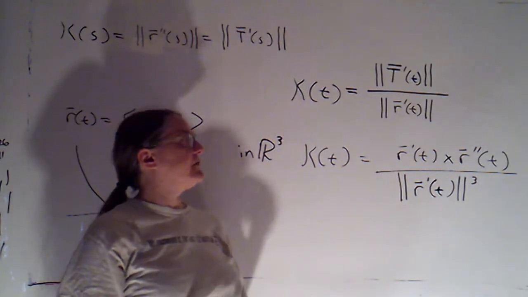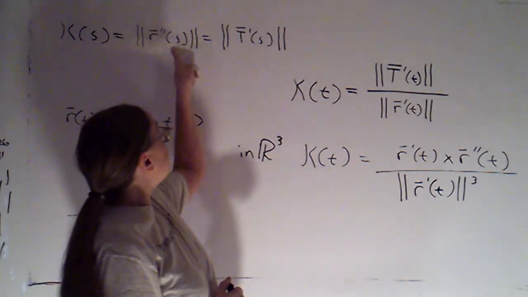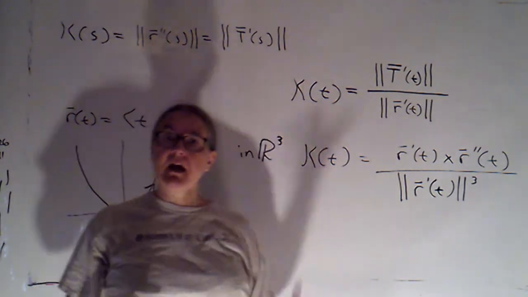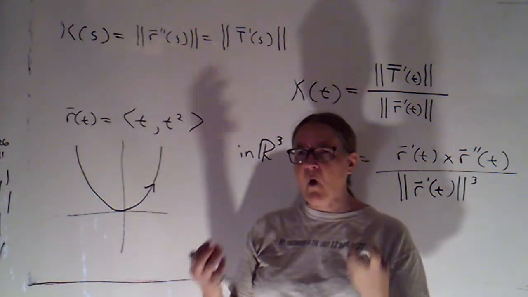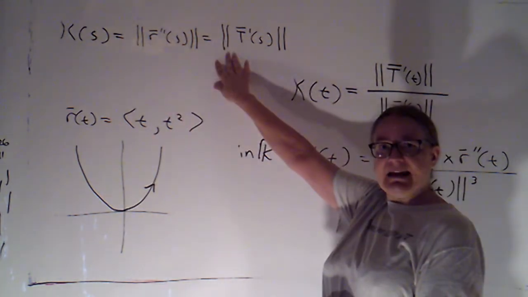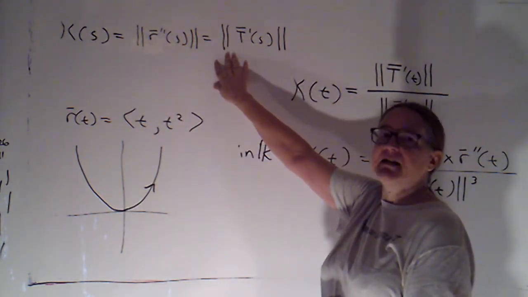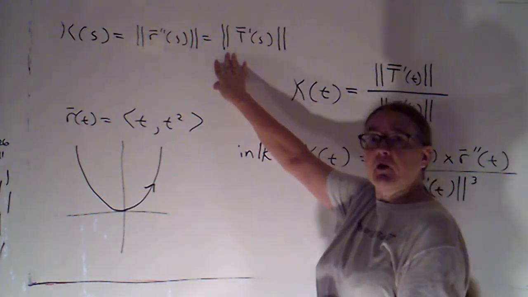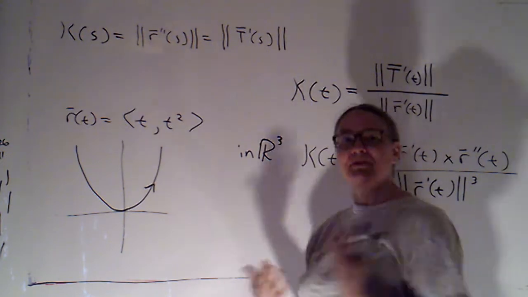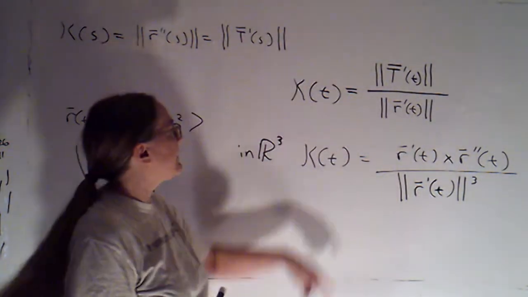Here's my standard for this section. This is really the definition. And we were able to look at this formula, and we were able to see why that made some sense. This helps me to understand what curvature is measuring. But it's a royal pain to use it to actually calculate curvature for anything that isn't as simple as a line or a circle.